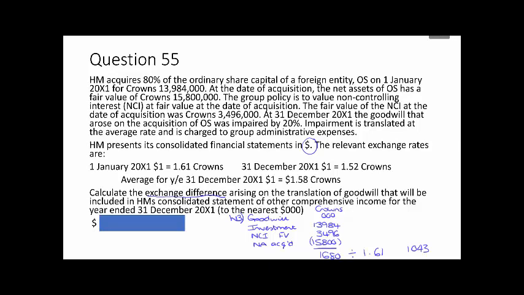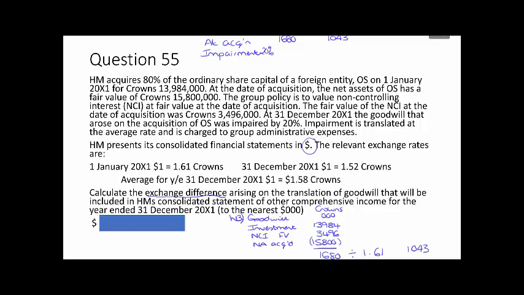So then we have our impairment. So if we start at that point, that we have goodwill at the acquisition date of 1043 in dollars. In crowns, that was 1680, and we now need to deal with this impairment of 20%.